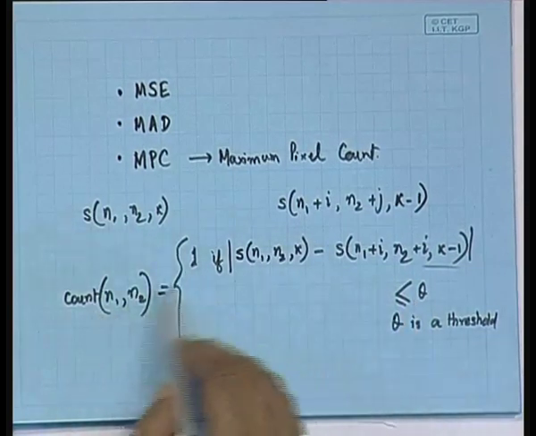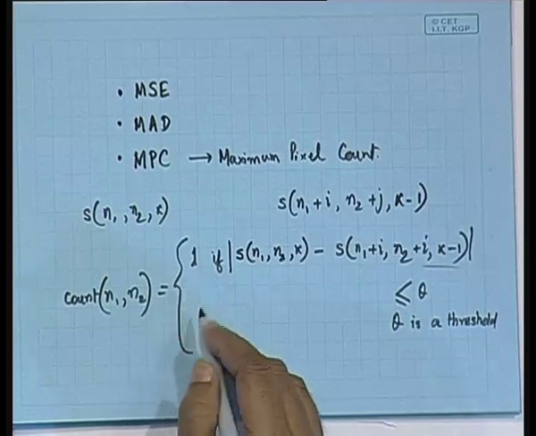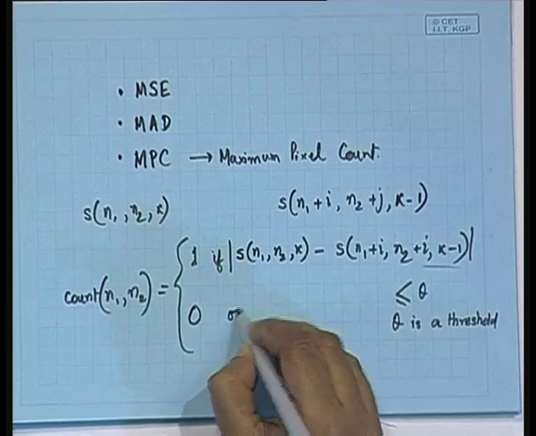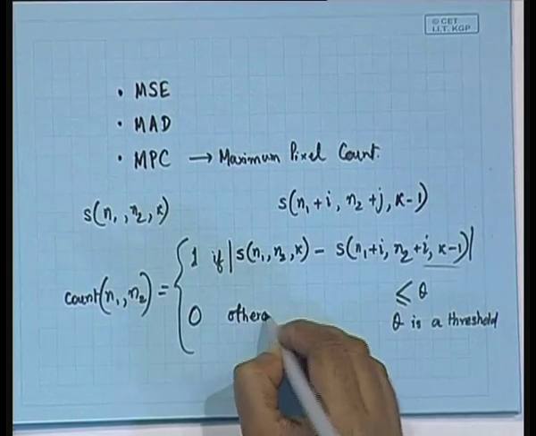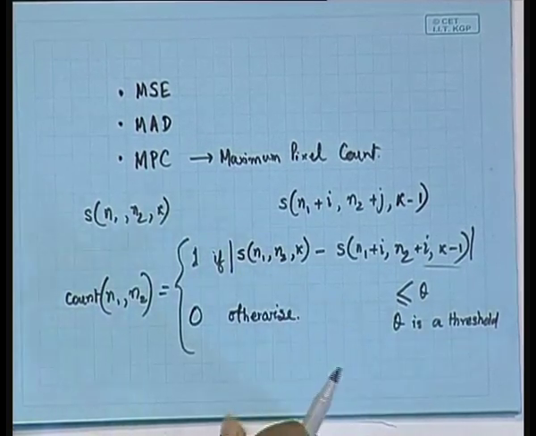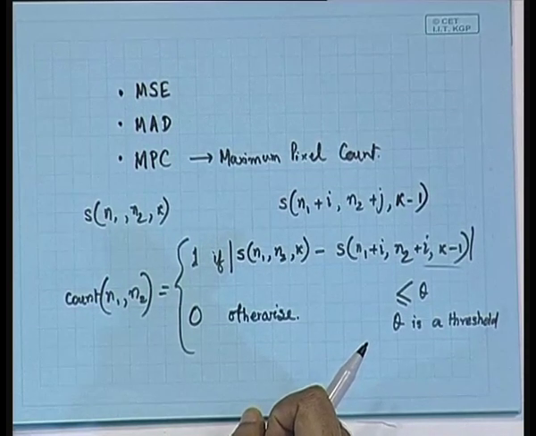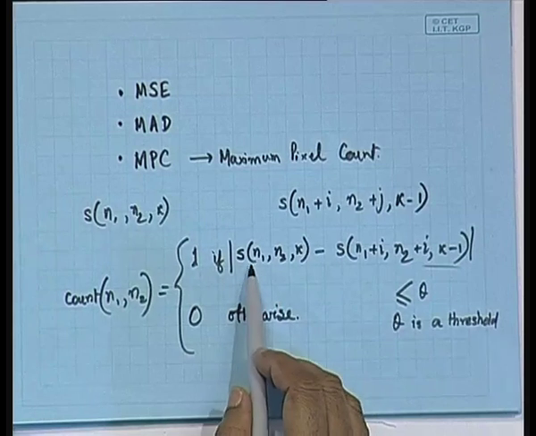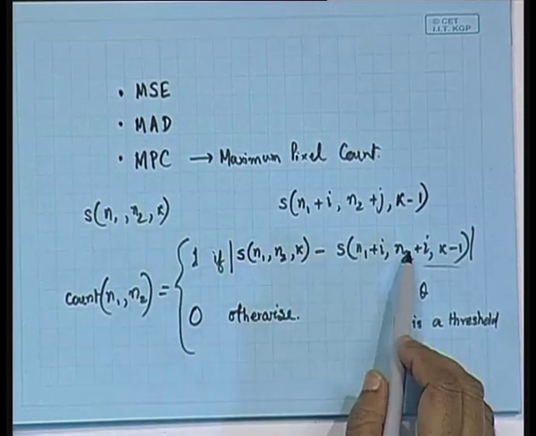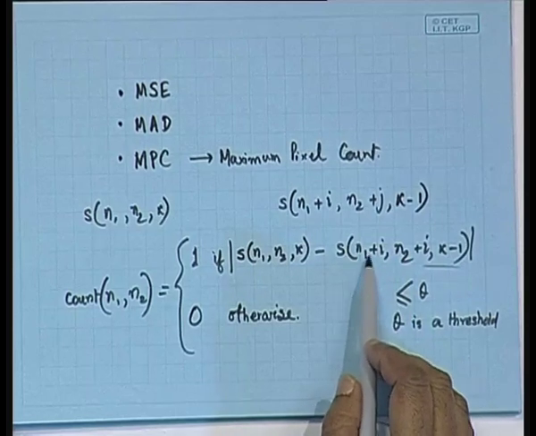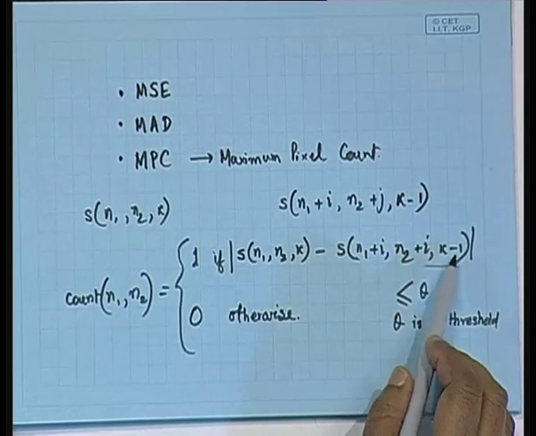Otherwise we put the count value equal to 0. A count of 0 obviously means there is no matching.